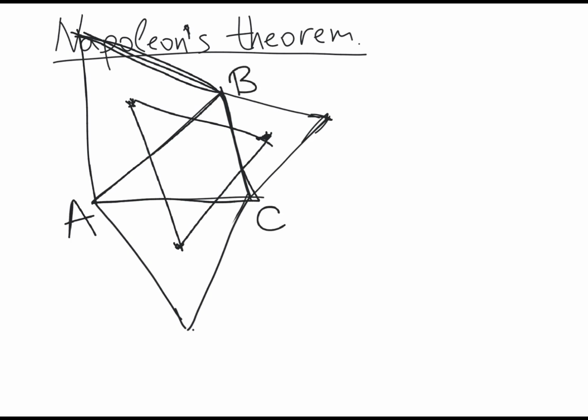So if the original triangle is ABC, then we denote these points as P, Q, and R. R is this point.